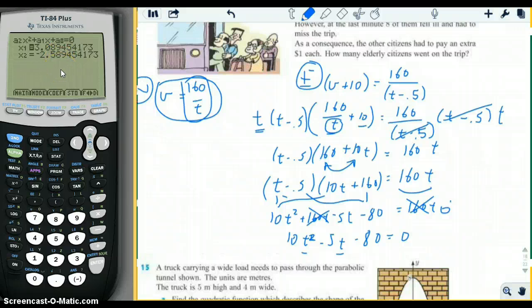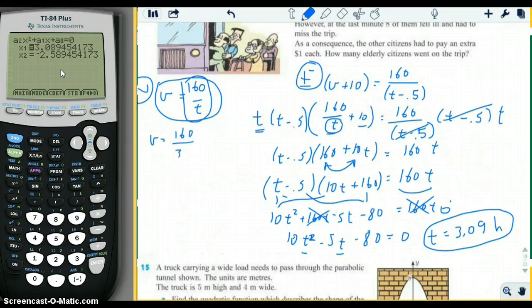It gives you the two possible solutions, which are t equals 3.09 hours, and the other solution is negative 2.59 hours. But negative time in this case does not make sense. So we're going to use this solution here. Once we know this solution, we can figure out the velocity, because 160 divided by 3.09 is the velocity of the normal train.